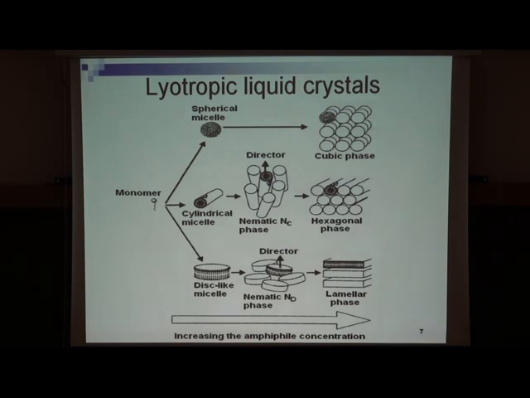And if the micelle has a cylindrical shape, the nematic NC phase or nematic calamitic phase is observed, and if you increase the amphiphile concentration, the hexagonal phase is formed. And the other shape of micelle is the disc-like micelle, and now a nematic phase is also observed, like the NC phase, and if you increase the amphiphile concentration, the lamellar phase is formed.